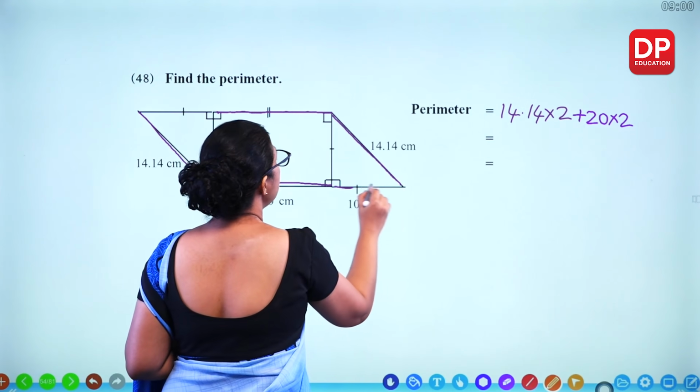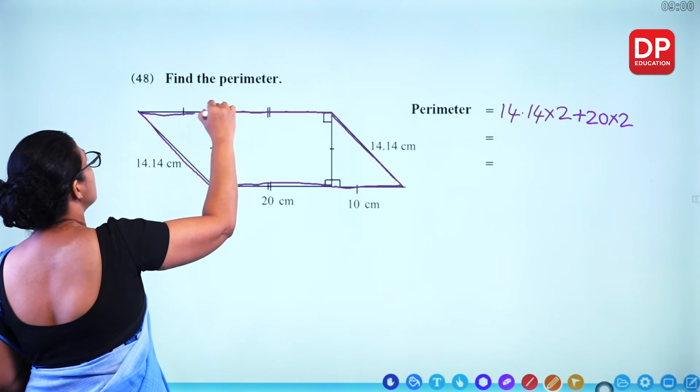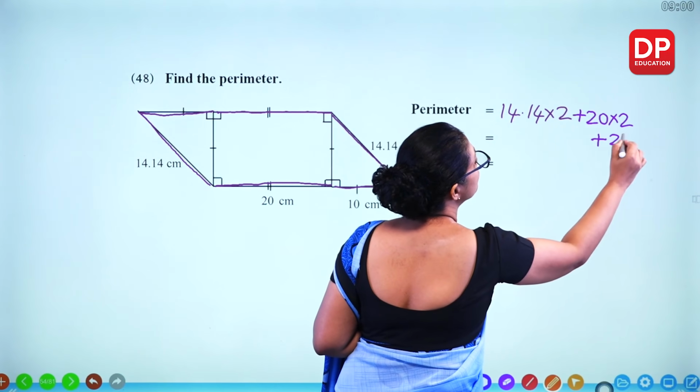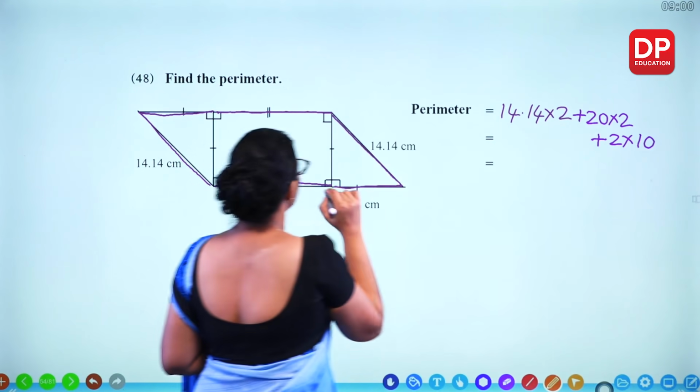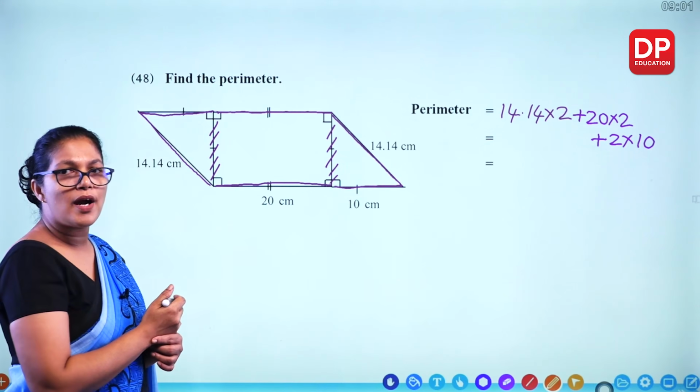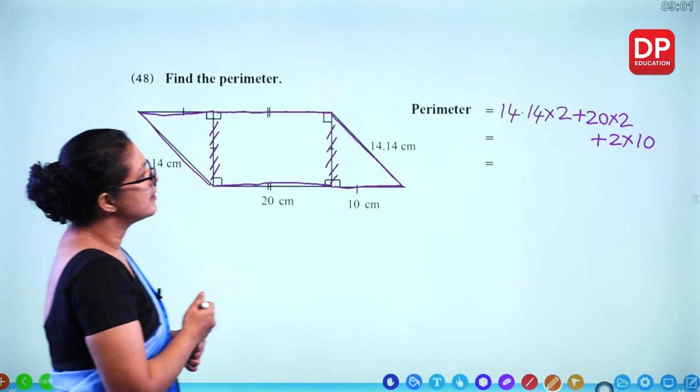And here 10 and 10, 2 tenths. Now don't take these two inside lengths, you can't take them for the perimeter.